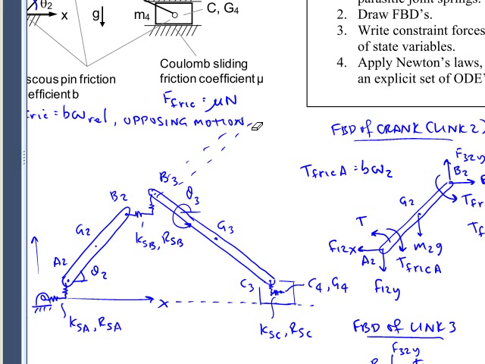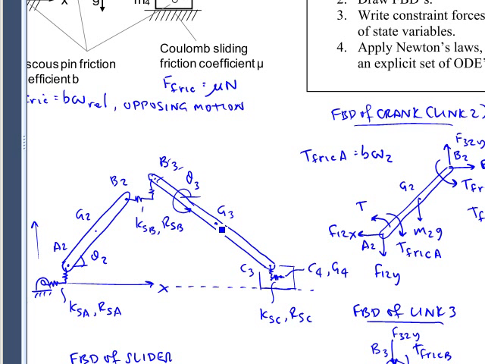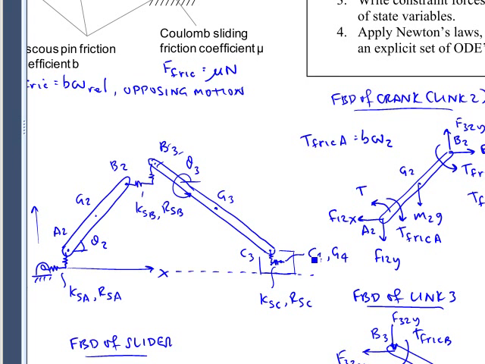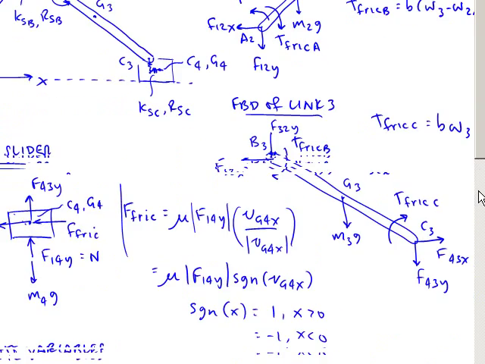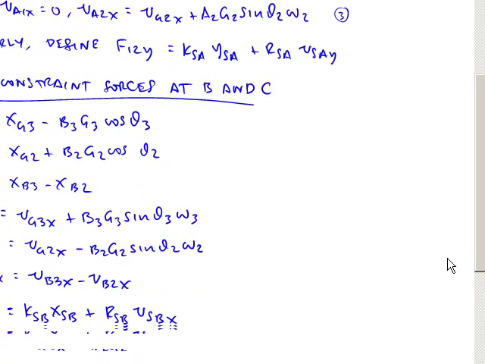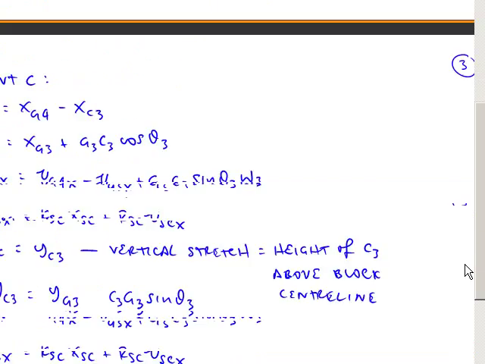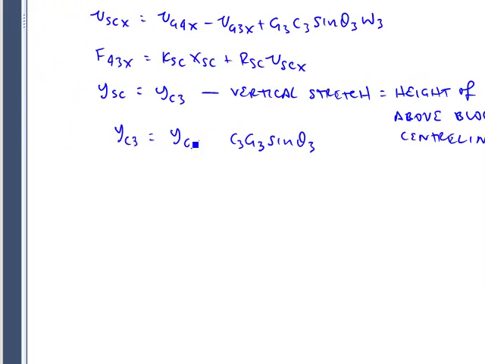If an equation works for a link in one quadrant, it should work for any quadrant. If I go up to G3 and then I add on G3C3 sine theta 3, notice that the sine of theta 3 is going to be negative, and I'm going to end up coming back down, which is what I'm supposed to do. So the equation I need is YC3 is YG3 plus CG sine theta.